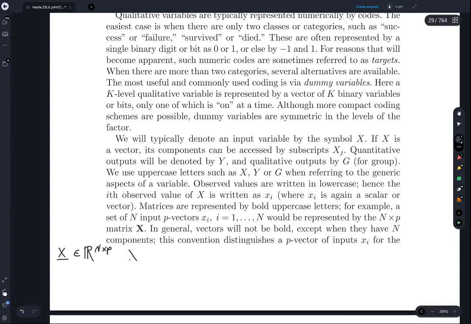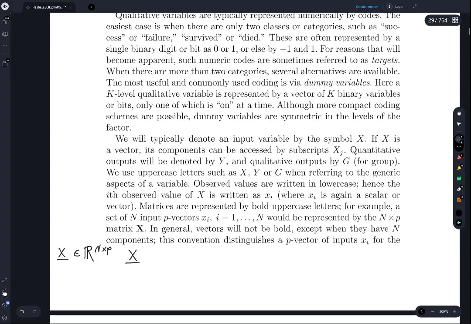And in terms of how this relates to these other notations, we have these lowercase xi, and these are vectors of length p.